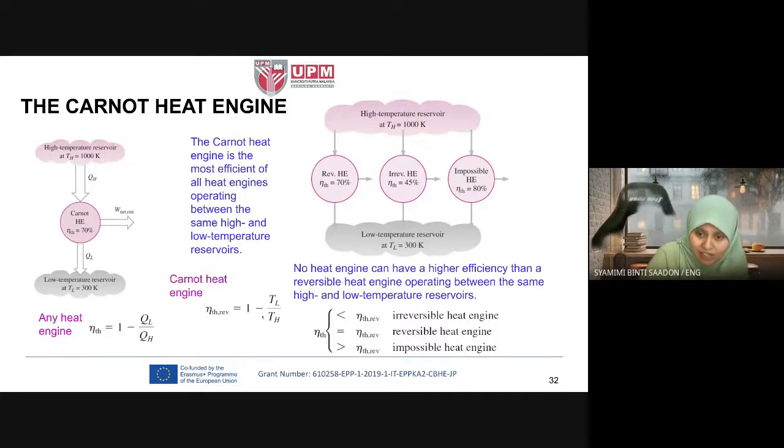If the actual heat engine's efficiency is higher than the Carnot heat engine, this is impossible, because the Carnot heat engine gives you the highest possible theoretical limit. So the actual case cannot be higher than what Carnot estimates.